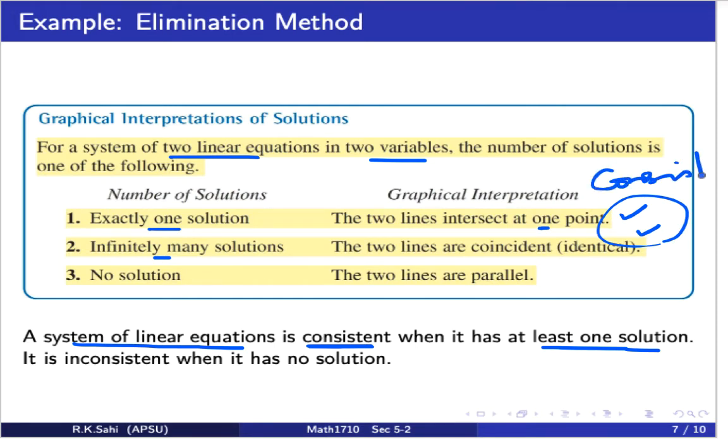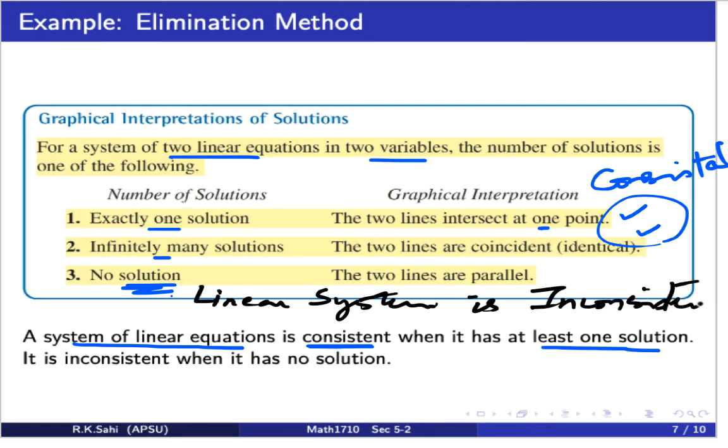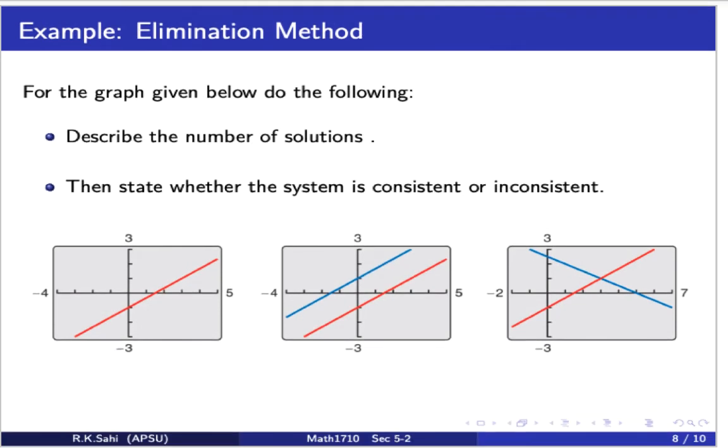On the other hand, if there is no solution, that means the linear system is inconsistent.